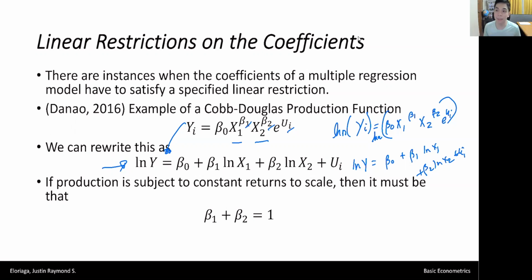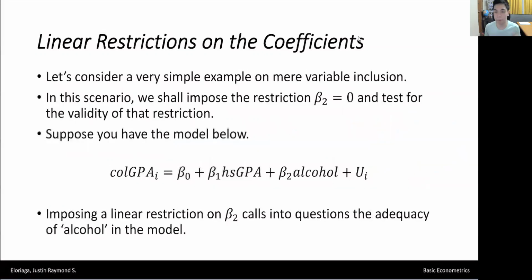Now, let's try a simpler example. We have this particular regression model here below, and let's try to impose the restriction that beta 2 is equal to 0. On the dependent side, we have the college GPA, the GPA of a student in college, and we're trying to regress this against the high school GPA and the amount of alcohol consumed.